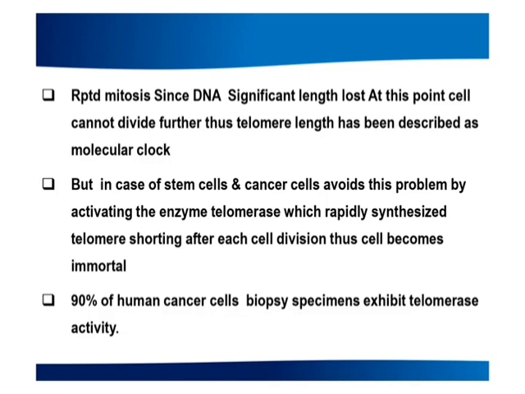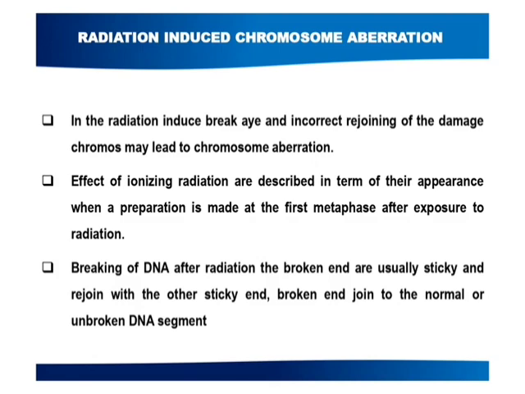In the ring type, the DNA segment is damaged, the acentric segment is lost, and a portion with two sticky ends joins together and a ring formation happens. After the second mitosis, they overlap and a second ring formation happens.